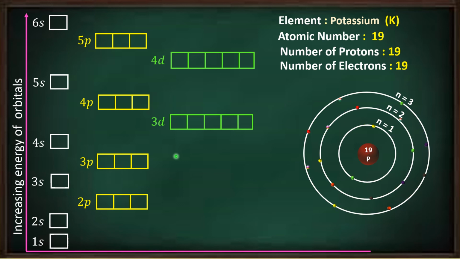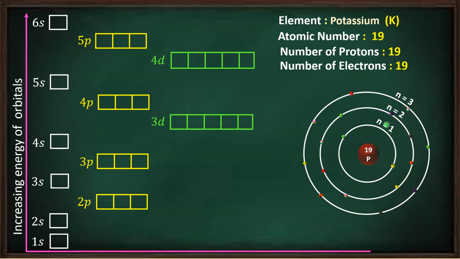So the energy level of 4s orbital is less than 3d orbital. Hence, electrons, that is 19th electron, will enter into 4s orbital rather than 3d orbital.